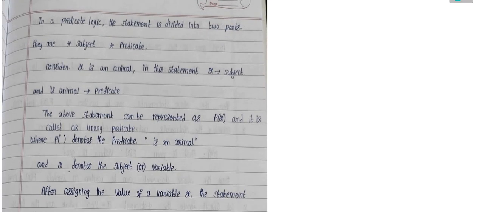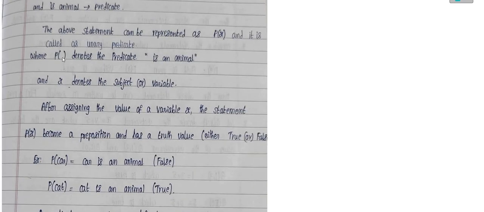After assigning a value to the variable x, the statement P of x becomes a proposition. That means we can convert predicates into propositions by assigning a value to the variable x. After it converts into a proposition, we can say whether it is true or false. Here you can observe P of something.